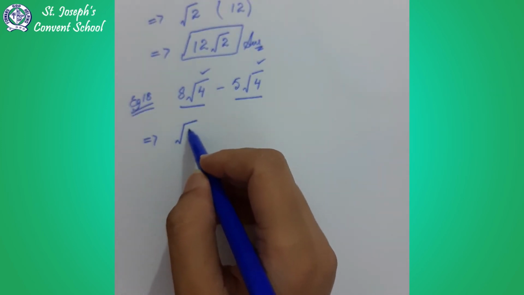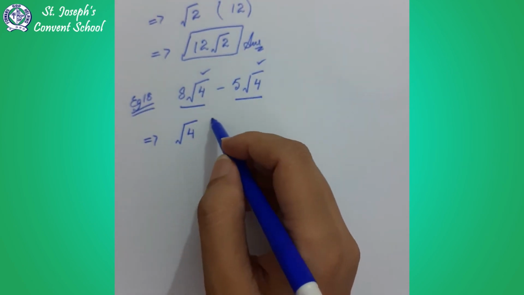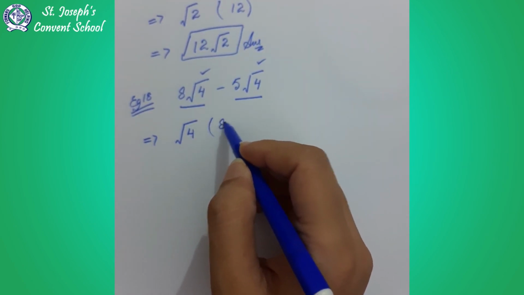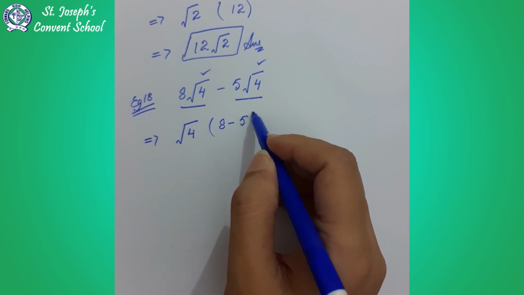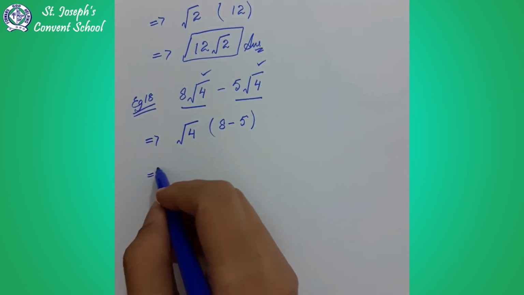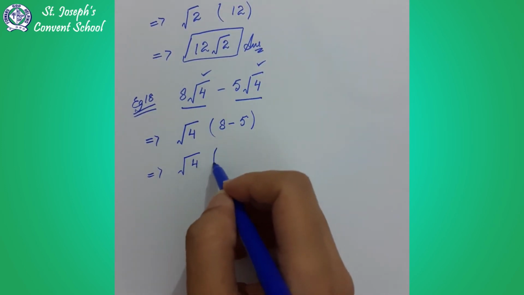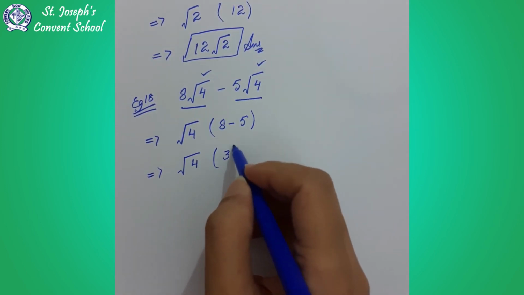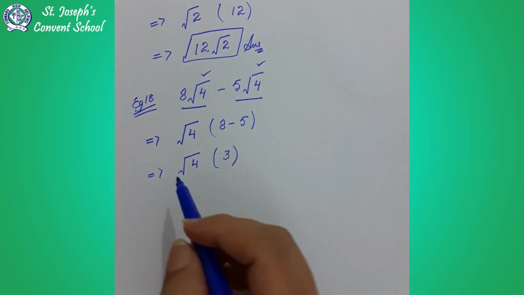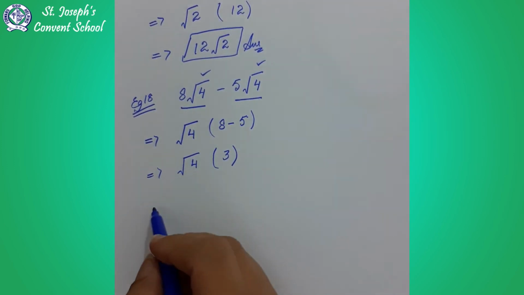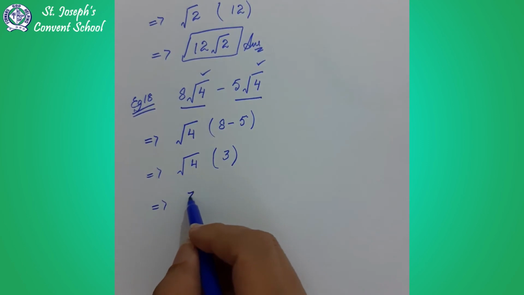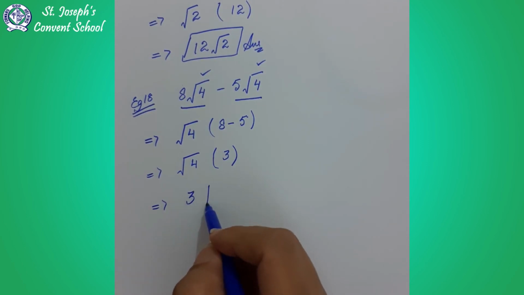Under root 4 is common. Remaining you can solve: 8 minus 5 is 3. So we write 3 before the root sign, 3 under root 4.